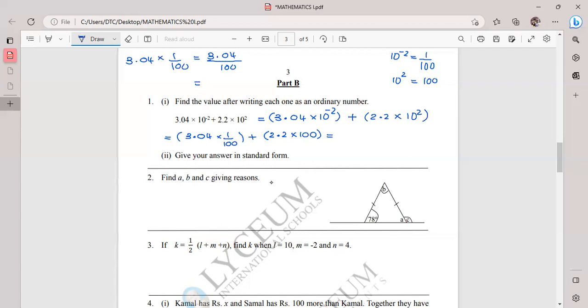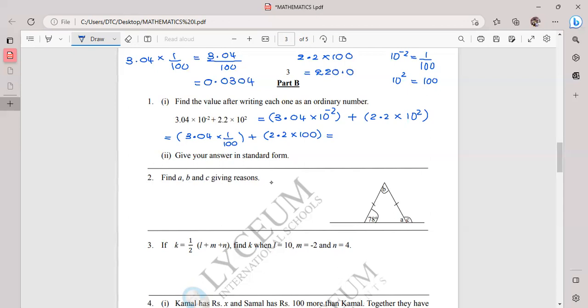When you are dividing a number by 100, we discussed this concept in the previous video also, the decimal point moves two steps, so it becomes 0.0304, right? Then when you multiply 2.2 by 100, the answer will be 220.0.